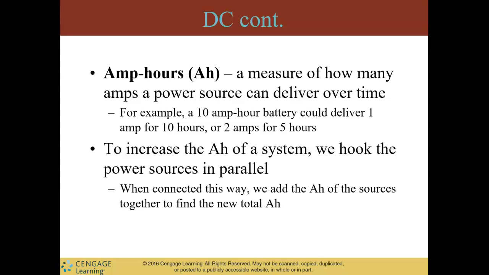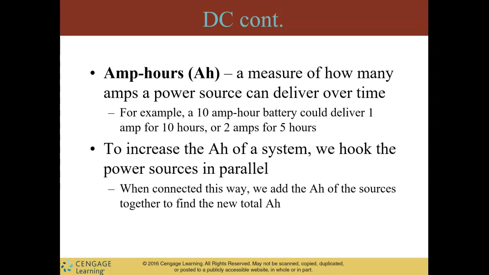So in the example here, 10 amp hours means that you can deliver 1 amp for 10 hours, or maybe 2 amps for 5 hours. So 1 times 10 is 10, 2 times 5 is 10. The product of those numbers is going to equal the amp hours.